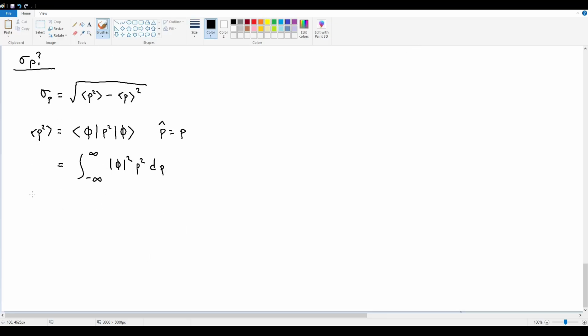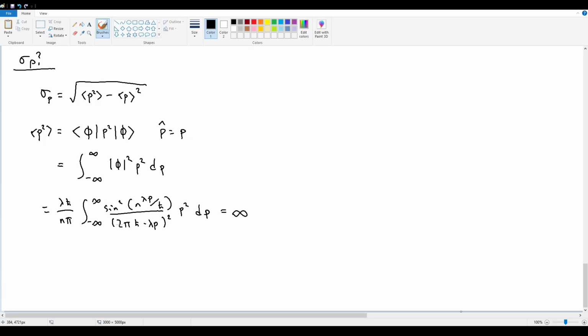If we write that out, this is the integral from negative infinity to infinity of lambda h bar over n pi times sine squared of n lambda p over h bar, divided by 2 pi h bar minus lambda p squared, dp. Let's move this to the other side and take a closer look, and what you should immediately notice is that this integral diverges. This is actually equal to infinity.